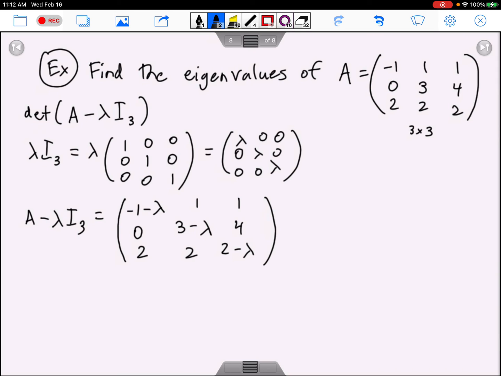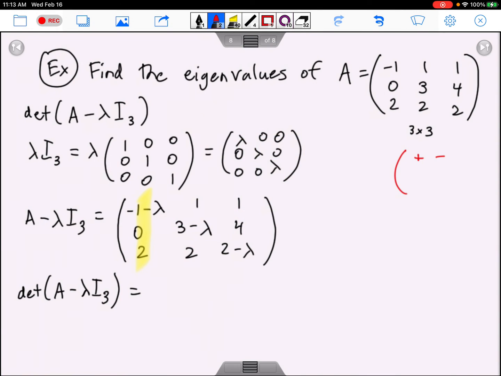So we can expand on any row or column. So I'm actually going to choose the first column. That's because we have a 0 there, okay? So let's go ahead and do that. The determinant of A minus lambda I3 is going to equal. Let me remind you of our sign chart.